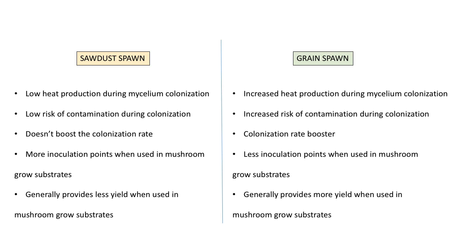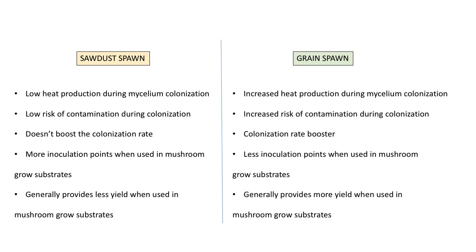So these are pretty much the differences between the two types of spawn, and I guess you're going to make the right decision and you're going to pick one of them. I want to tell you that grain spawn, it's very common, and probably sawdust spawn, it's more likely used with some mushrooms in some farms.